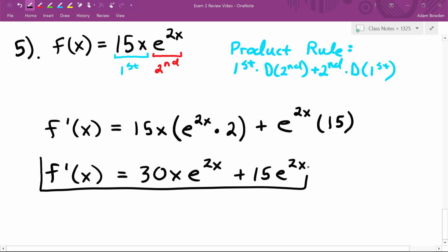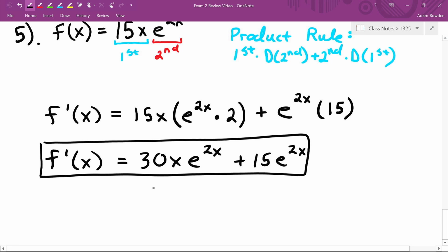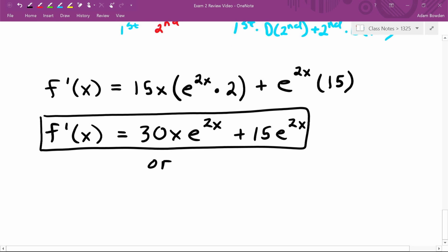Now for me, that's an okay place to stop. If you do look in the answer key for the review, in the similar example that's on there, it will have you factor it slightly. So to show what that would look like in this case, the greatest common factor of both terms is 15e to the 2x.